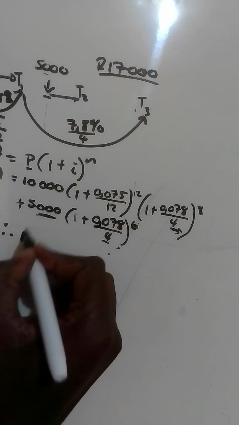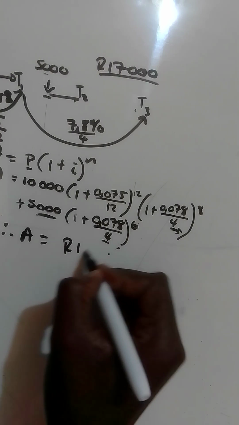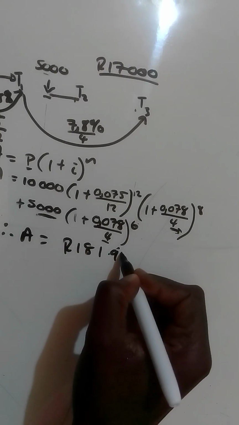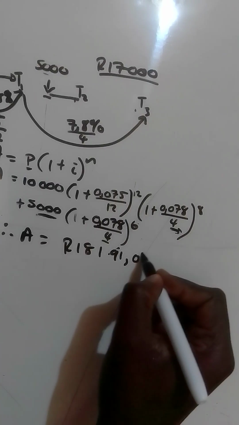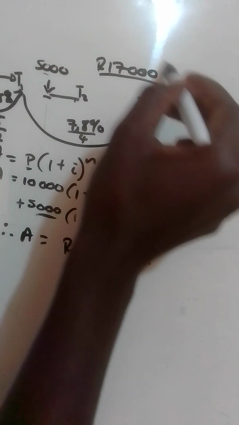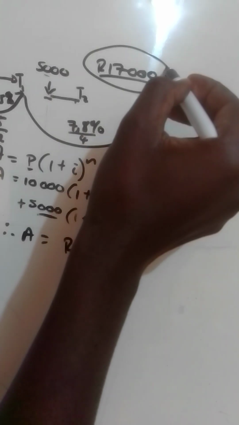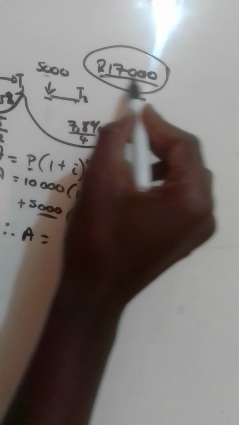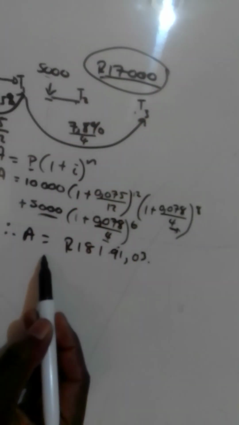Therefore A is equal to 18,191 rands and 3 cents. Now the question was asking, remember, will Cow have enough money to replace his new equipment? How much is it? 17,000 is needed.